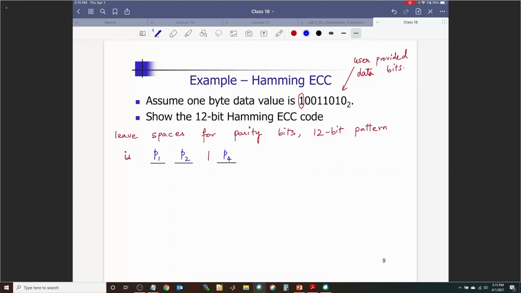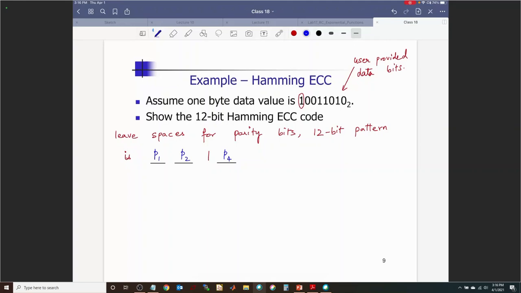If you need higher than that, then you need to increase R. So for example, if you have R as 5 parity bits, then you can go as high as a 31-bit code word length, which means that you can protect 31 minus 5 data bits. You see that? So the more data bits you want to protect with this SEC scheme, the more parity bits you will need.